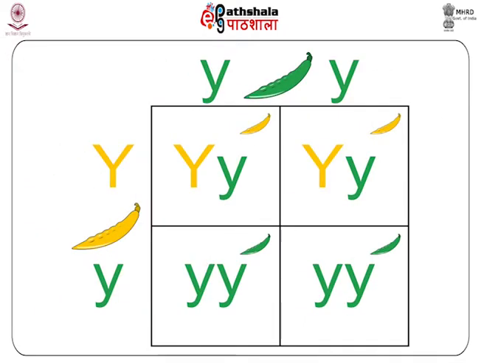Monohybrid cross: the mating between one pair of characters, or a cross made to study inheritance of a single pair of genes, is called a monohybrid cross. We can depict the cross or mating in the form of a Punnett square.